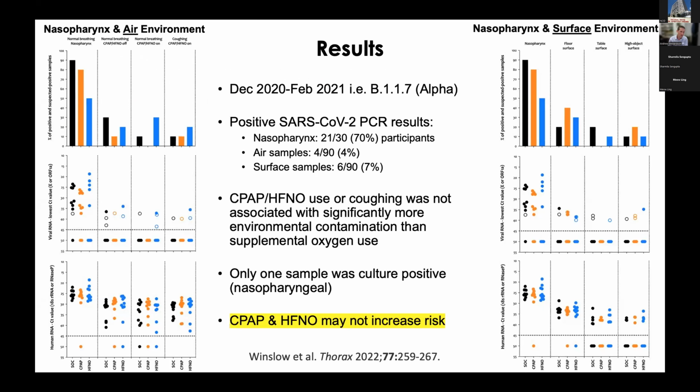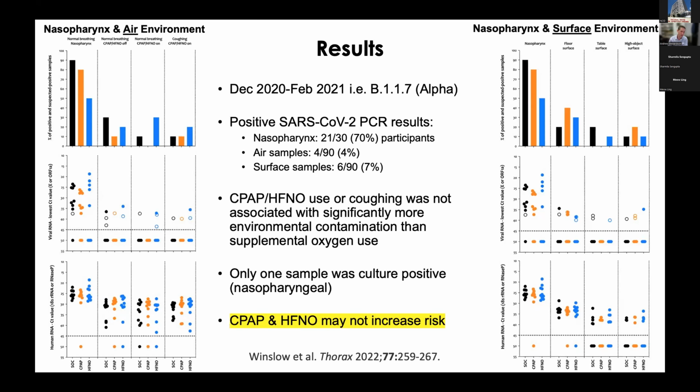Just in terms of context, this was performed at the end of 2020, start of 2021, when B117 was the dominant variant. They found in terms of PCR results that 70% of nasopharyngeal PCRs were positive, whereas only a very small number of the air and surface samples were. There were 3 samples of air and surface per 30 participants, and there were only 4 positive air samples and 6 positive surface samples by PCR.